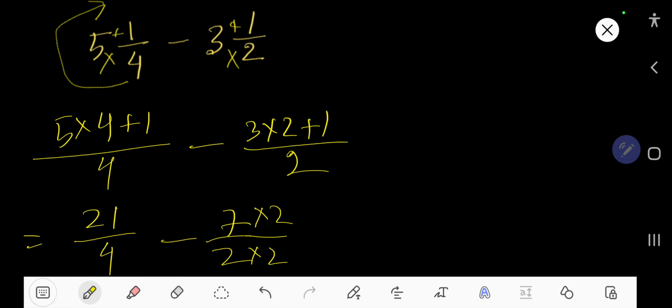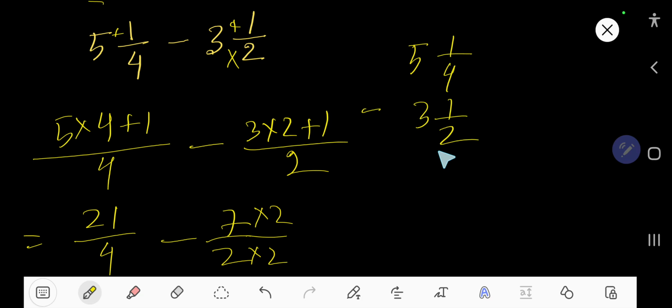So you can solve this math in a second way. That is, you need to write this problem like this: 5 and 1/4 minus 3 and 1/2.